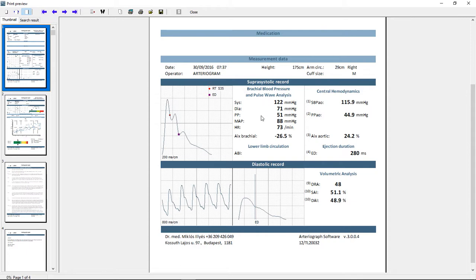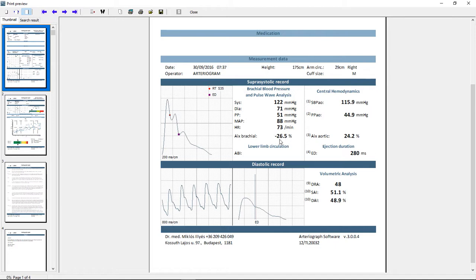In the middle panel, we can see the brachial blood pressure values and the pulse wave analysis of the brachial artery. We can see the systolic brachial blood pressure, diastolic brachial blood pressure, pulse pressure, which is the difference between systolic and diastolic pressure, the mean arterial pressure and the heart rate.